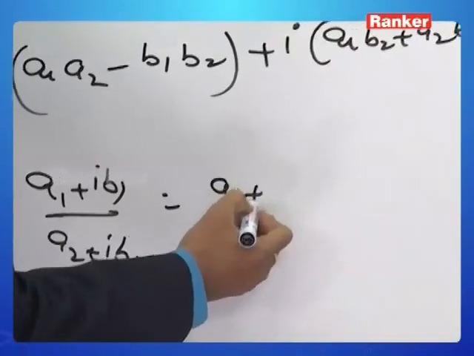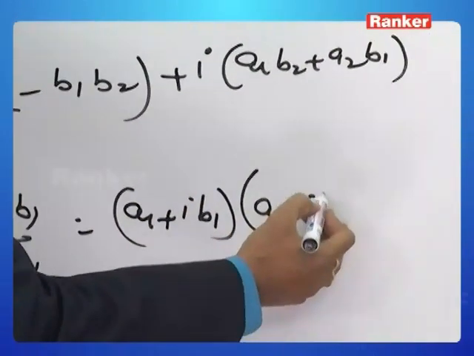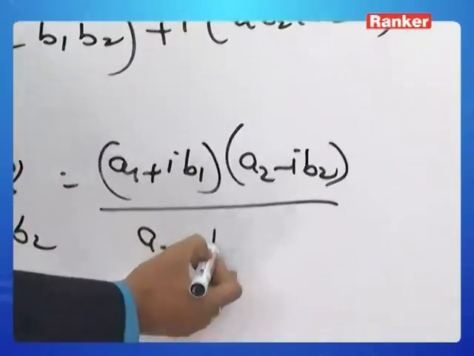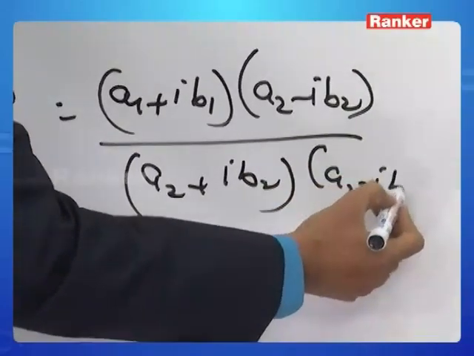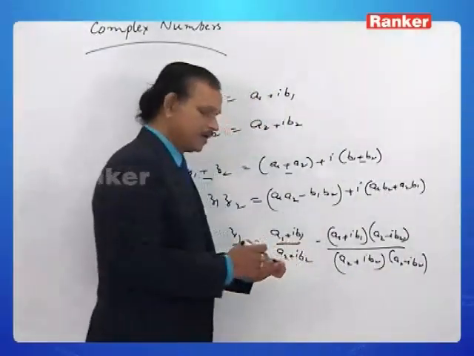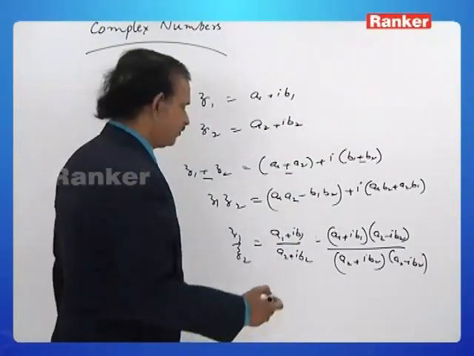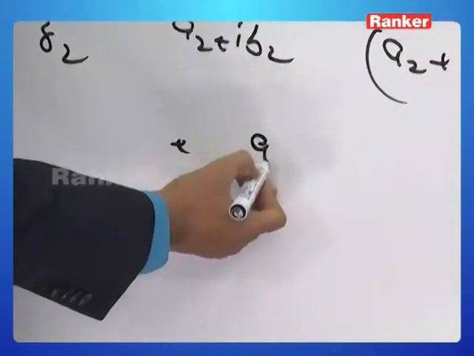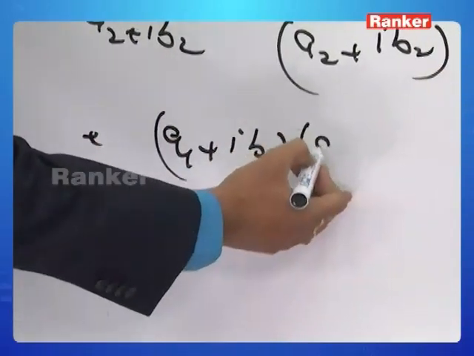This is A1 plus IB1 into A2 minus IB2 by A2 plus IB2 into A2 minus IB2. Well, what is the fate of the numerator? Just a product of these two complex numbers.